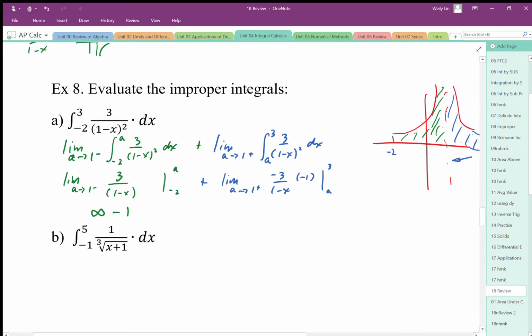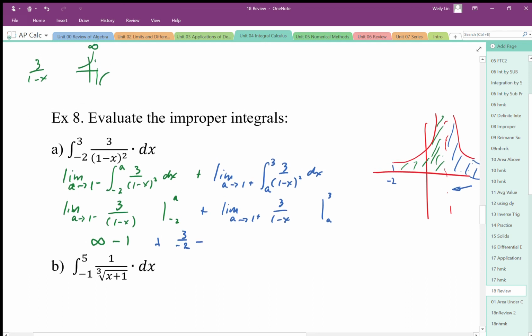Plus, I'm going to do the same thing here. I'm going to clean this up. It's going to be equal to 3. Looking at this, I'm going to plug in the 3 first, so I'm going to end up with 3 over -2, minus, as a goes to 1 from the positive side, it's approaching the asymptote in that way.